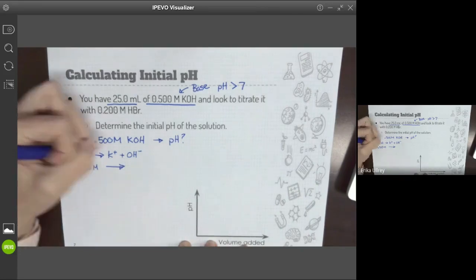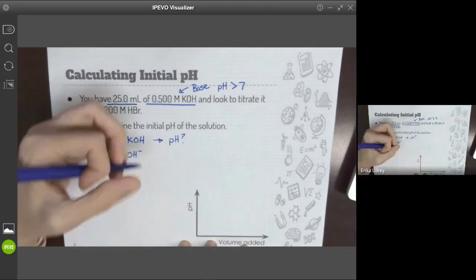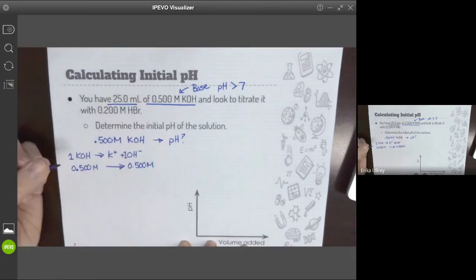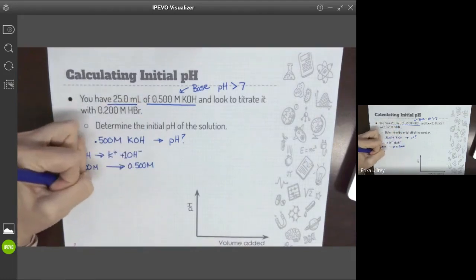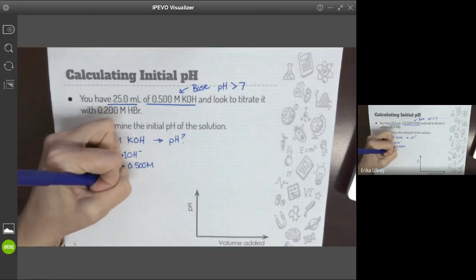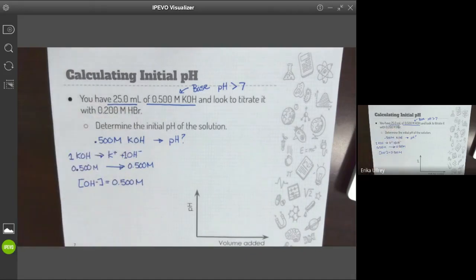Keep in mind that it's a 1-to-1 ratio. It'd be the same. Okay, so what this means is this 0.5 is our concentration of OH minus, equal to 0.500 molar, right? So that's my concentration of hydroxide ions to begin with.